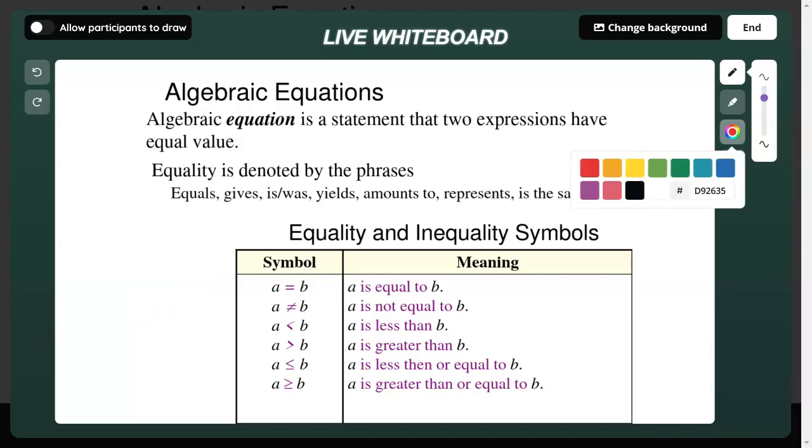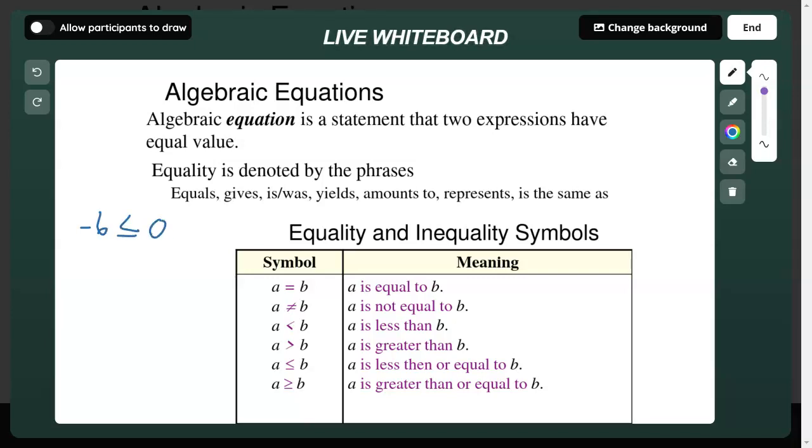Our next inequality is less than. So a number is less than. We just saw those. We had negative 6 is less than 0. Greater than: negative 3 is greater than negative 4. And then we have our or equal to's. So the less than or equal to. We had negative 6 is less than or equal to 0.